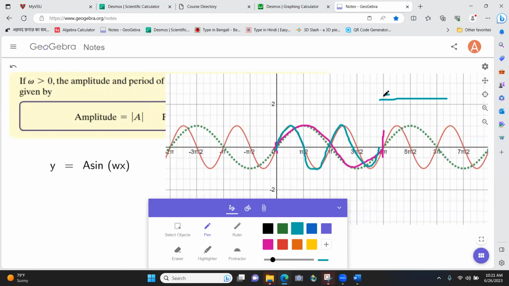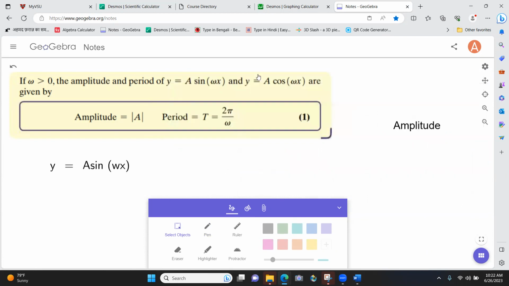Horizontal compression because it goes like this. Factor of 2 because my function was sine of 2x, and that's all they are trying to say. It is a hard concept, guys. So I'm going to hide this. What they're trying to say is, you take your 2 pi, the period of your original basic sine function, and you divide it by this omega, whatever factor you use.